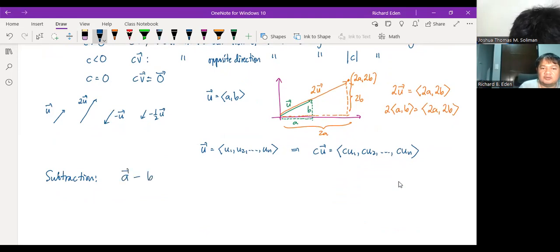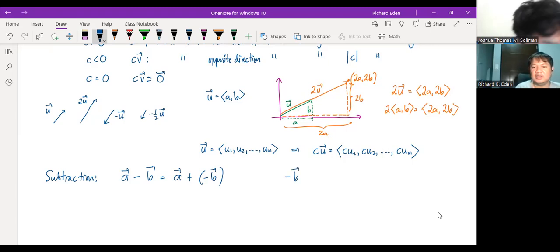Vector A minus vector B is defined as A plus the vector negative B. So A added to the vector in the opposite direction of vector B. And because addition is done component-wise and scalar multiplication is done component-wise, because when you look at negative b, we simply think of that as the scalar -1 multiplied to vector b.